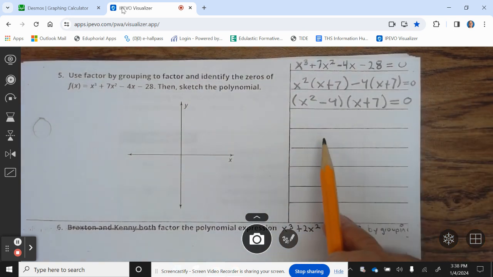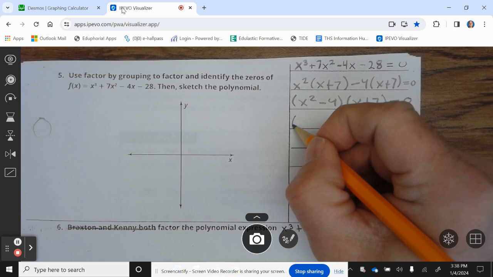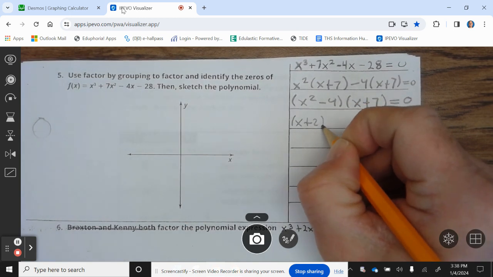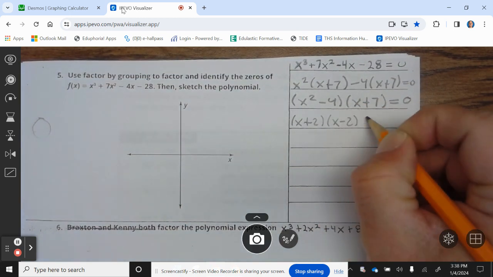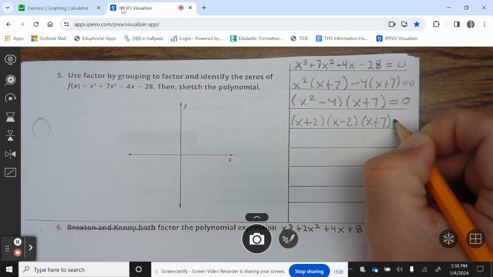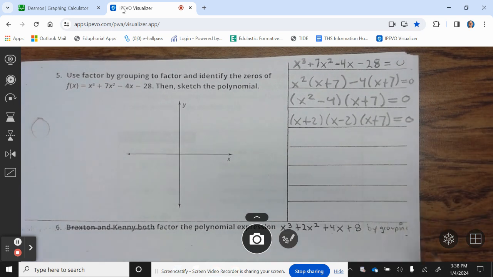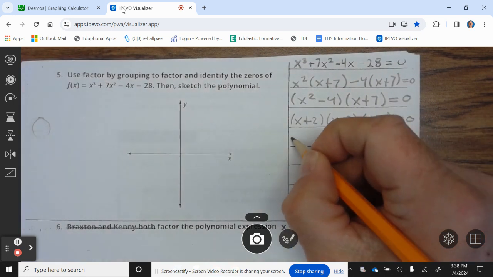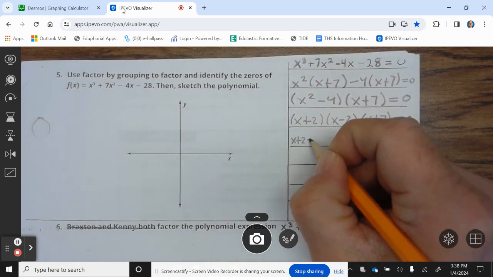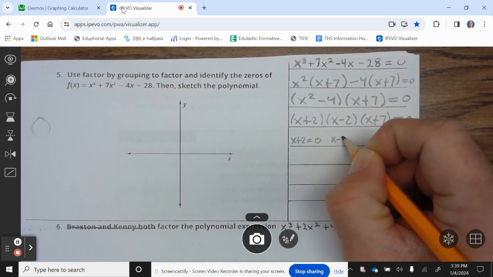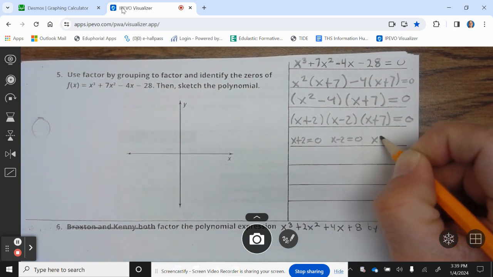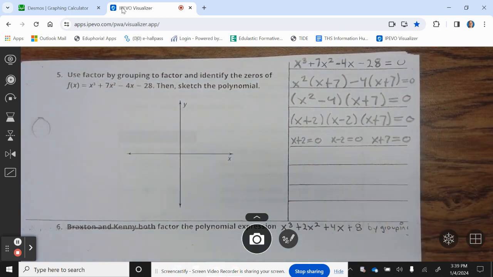Well, x squared minus 4 is a difference of squares, so that becomes x plus 2, x minus 2 times x plus 7 equal to 0. So x plus 2 equal to 0, x minus 2 equal to 0, and x plus 7 equal to 0.